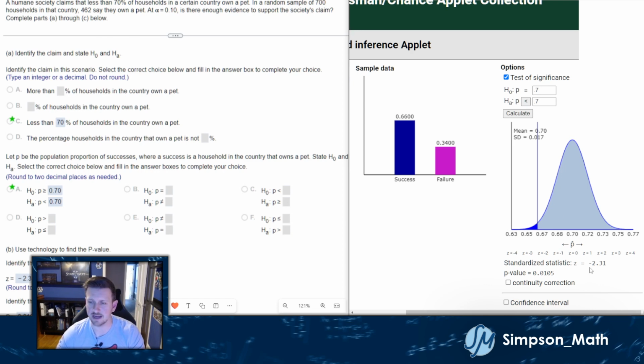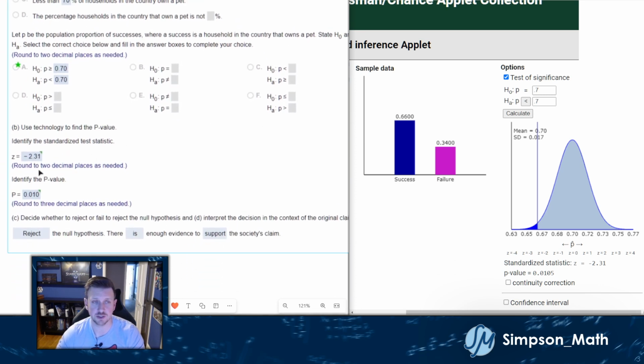When I do, I get a standardized test statistic of negative 2.31, which is what we have right here, and a p-value of 0.0105. This rounds to 3 decimal places as 0.011, but I bet it would accept that. I have a little green tag here saying that it has more than one number that it would accept, and also a little bit of range tolerance.